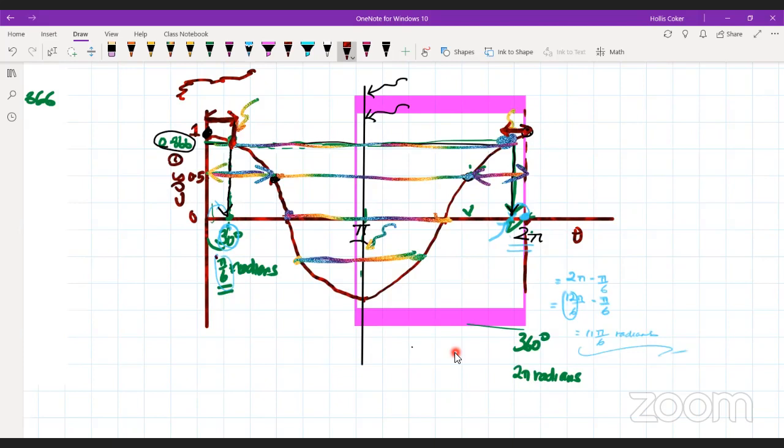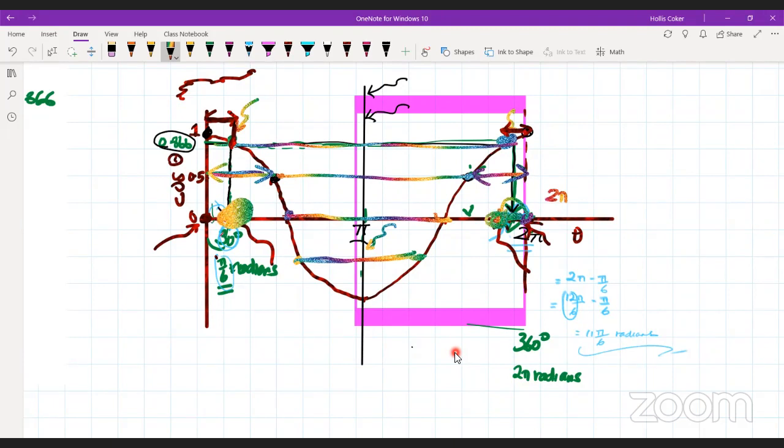So I said to you that if from here to here is pi on 6 radians, this is 0 here, this is pi on 6 radians here, then the distance between here and this point here had to also be pi on 6 radians. That distance there. You understand that? Yeah. Sure? Yes. Right. The distance actually is pi on 6 radians. In fact, it's 30 degrees. So the distance in angle is pi on 6 radians. So then, if this angle is 2 pi, to get the other, I have to go back by pi on 6 radians to get the angle that matches with this angle here.